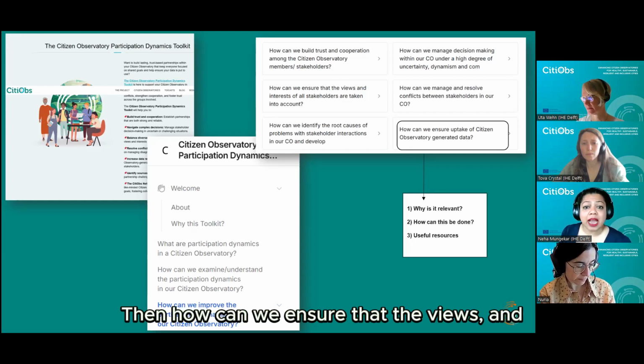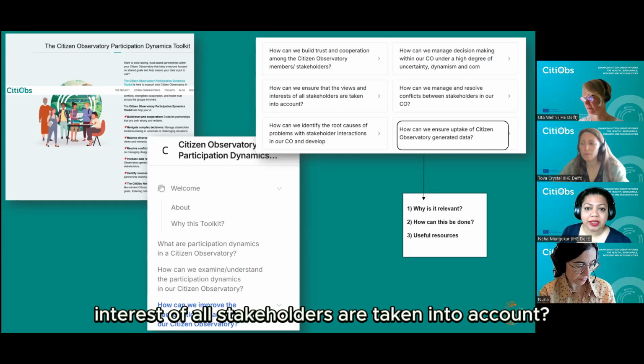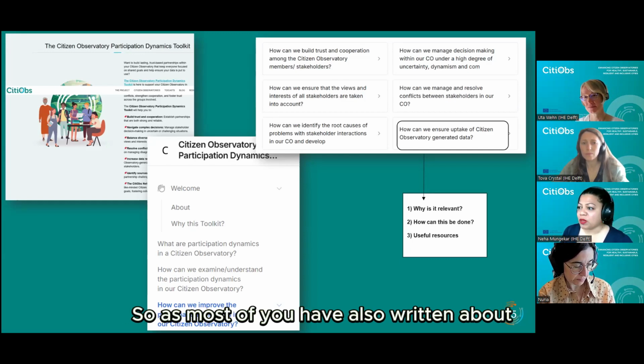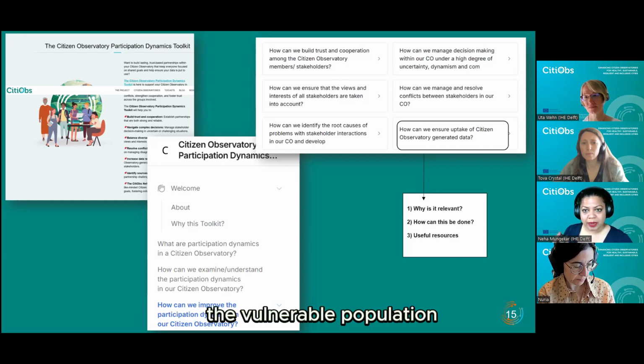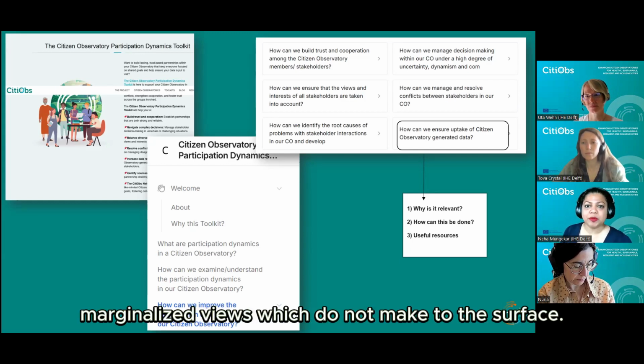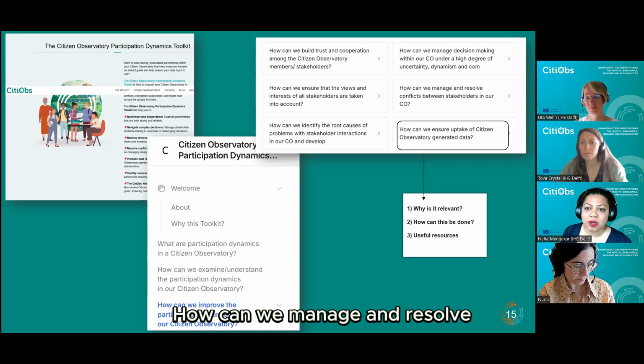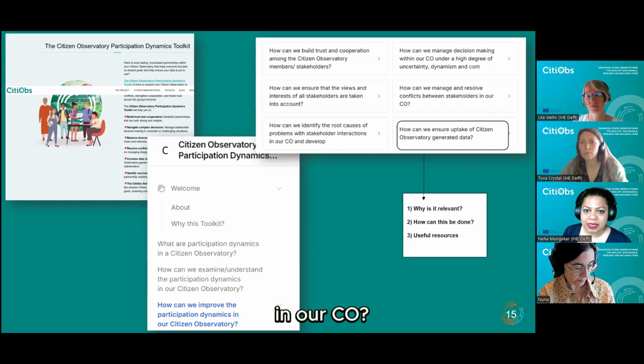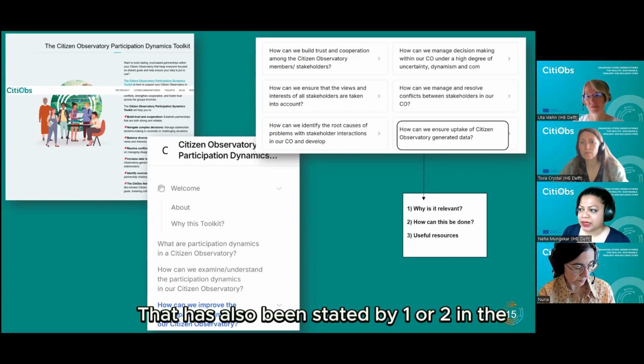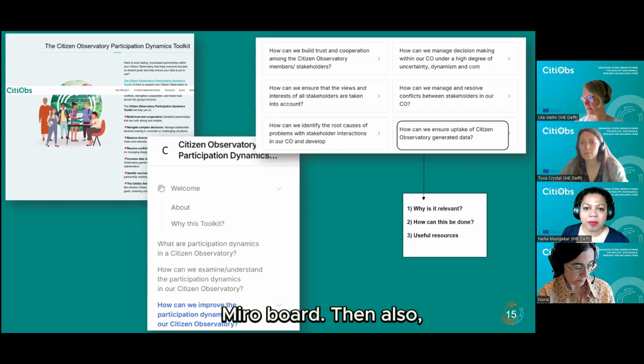Then how can we ensure that the views and interests of all stakeholders are taken into account? Most of you have also written about the vulnerable population, marginalized views which do not make it to the surface. How can that be considered? How can we manage and resolve conflicts between stakeholders in our CO? That has also been stated by one or two on the Miro board.